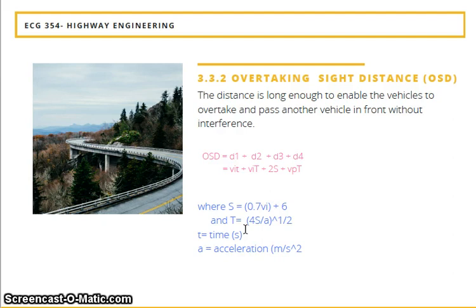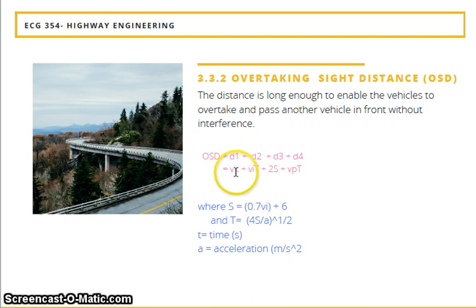Now, overtaking sight distance, OSD. OSD is the distance long enough to enable a vehicle to overtake and pass another vehicle in front without interference. OSD equals D1 plus D2 plus D3 plus D4.